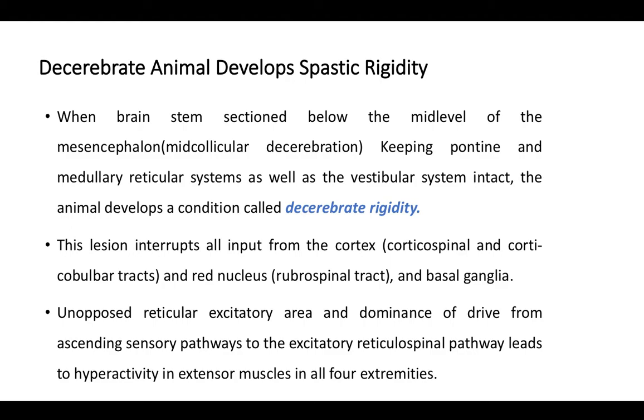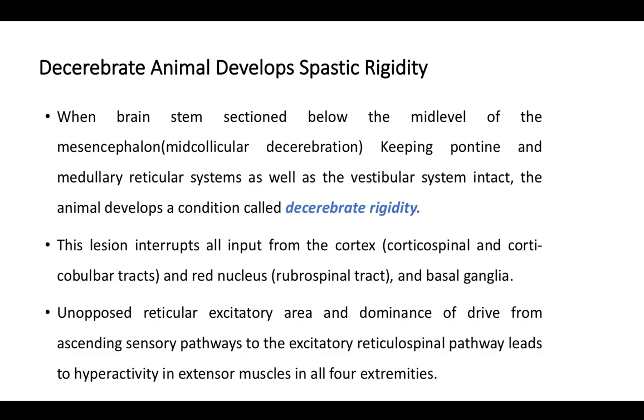Now, let us come to the importance of higher centers or higher inputs on the reticular system. In order to understand that, a section has to be done at the mid-level of the mesencephalon, exactly at the mid-collicular level, between the two colliculi in the midbrain.